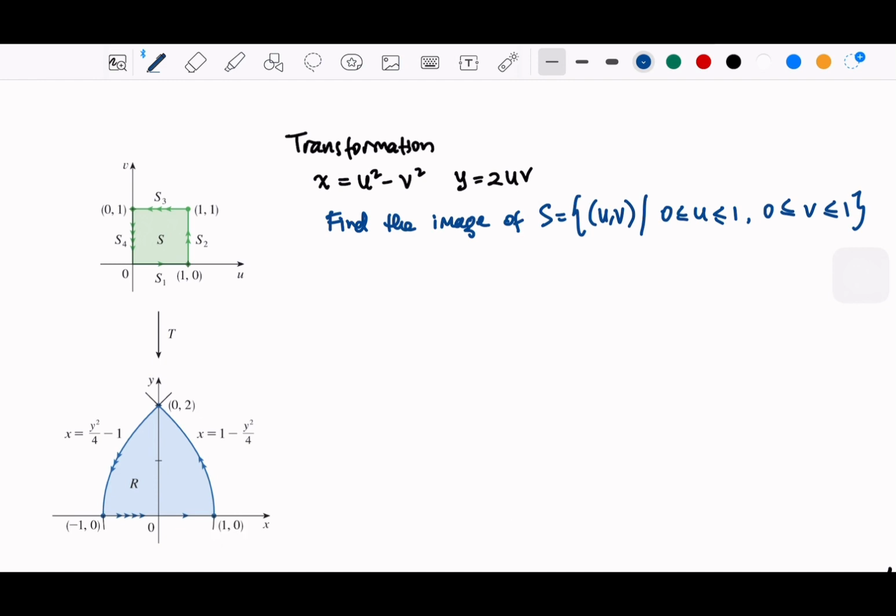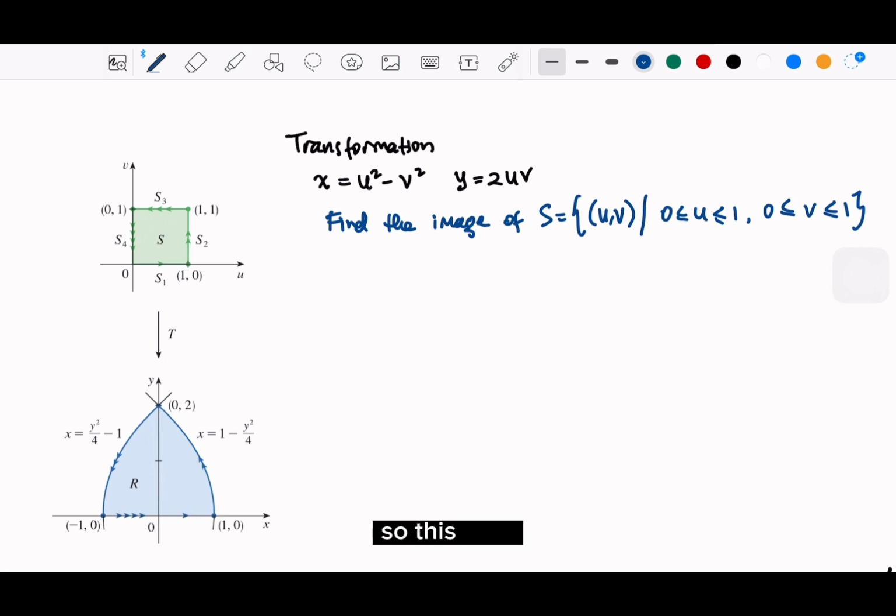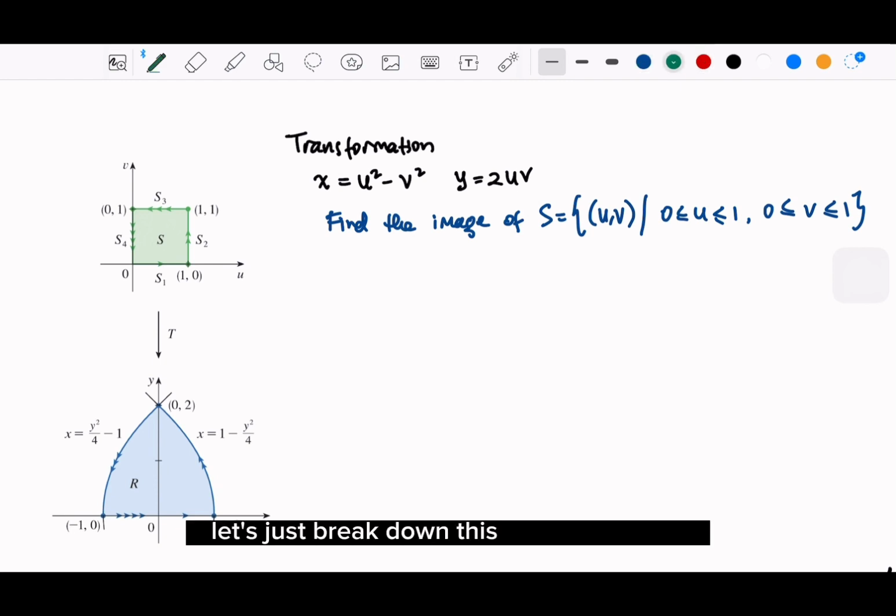Okay, now imagine that we are going to transform that. So what we are transforming is this path. Okay? So this path, the sides here, with U is 1 and V is 0. So let's try to look on the subject here. Let's just break this down one by one.